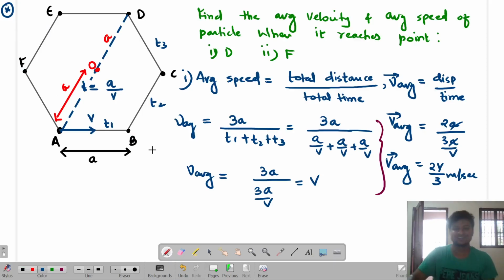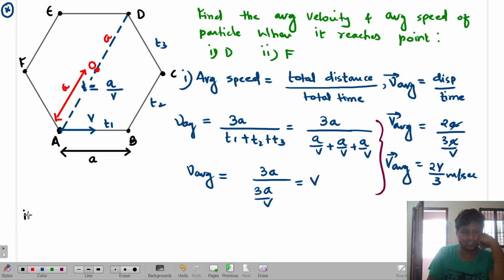So we got to know about average speed in the A to D calculation. Now for the second case, A to F, once again the average speed will be the same, no problem, because again I'm traveling equal distances in equal intervals of time. It will be 5a divided by 5a by v, so the answer is v only.